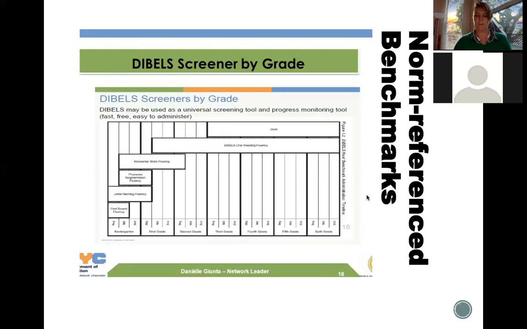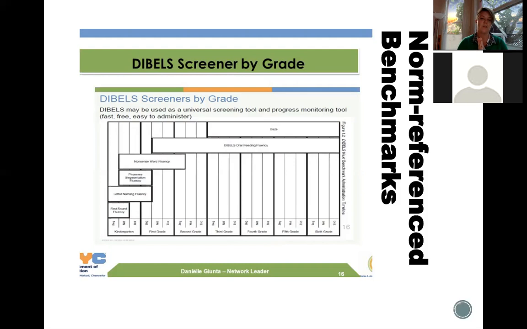I want to make sure that I explained, I don't know if I remember explaining this in class. So when you're thinking about a norm referenced test, DIBELS in particular has done this to look at the likelihood or predictability of this test as well for later on.